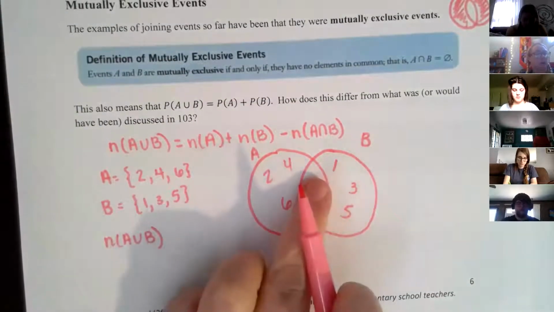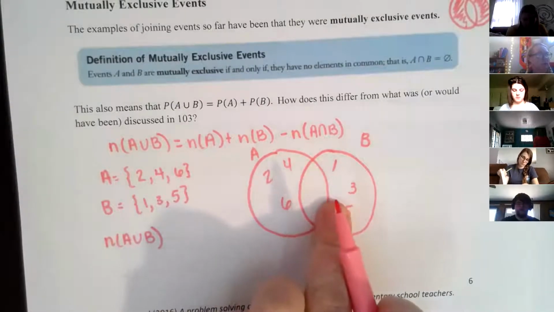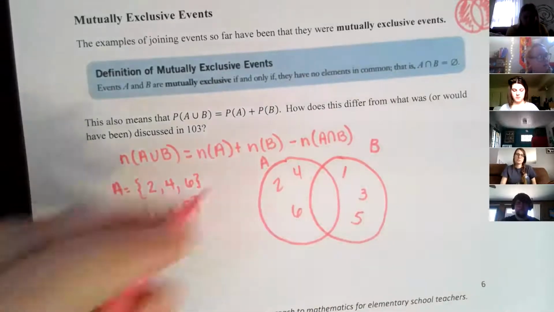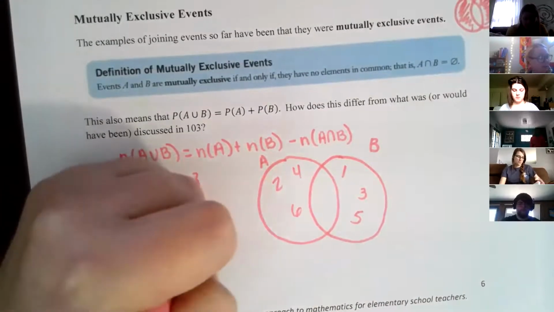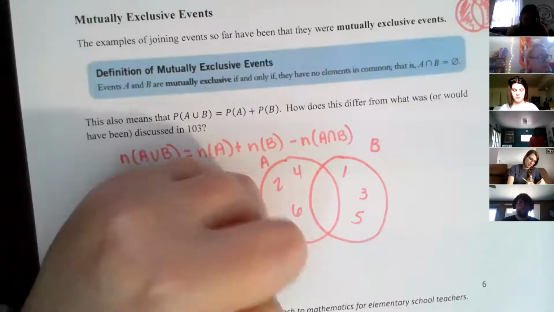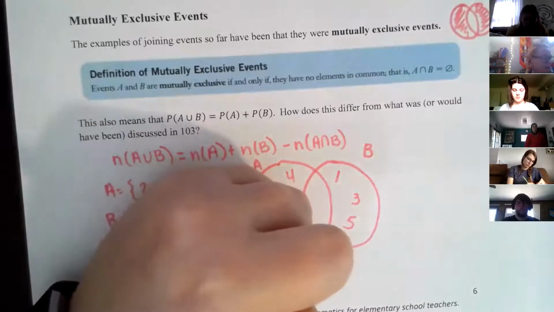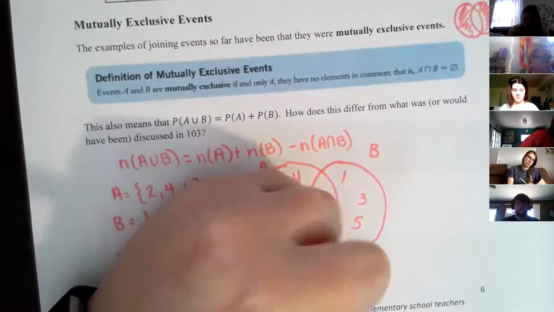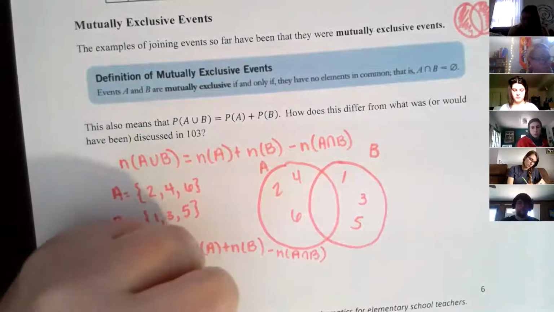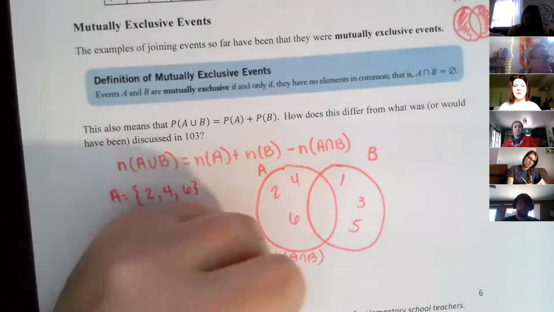I don't put 1 here because that would mean 1 would also belong to A, where the overlap is, right? So this would be the size of A plus the size of B, and going back to the original statement, minus the size of A intersect B. Well, this is 3, that is 3, and then I subtract 0.